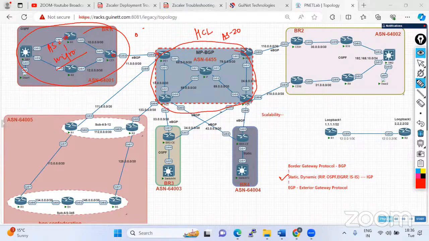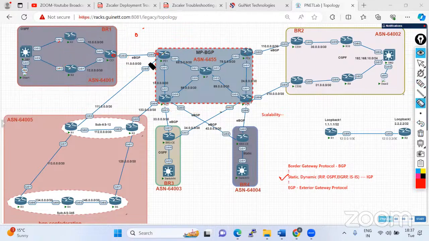Similarly, if you want to make communication from your company to an ISP, let's think this is your company, which might be HCL again, and you want to communicate with the ISP, that is Airtel in India. Airtel has its own autonomous system and manages its own infrastructure by referring to it. HCL manages its own infrastructure by referring to its autonomous system.